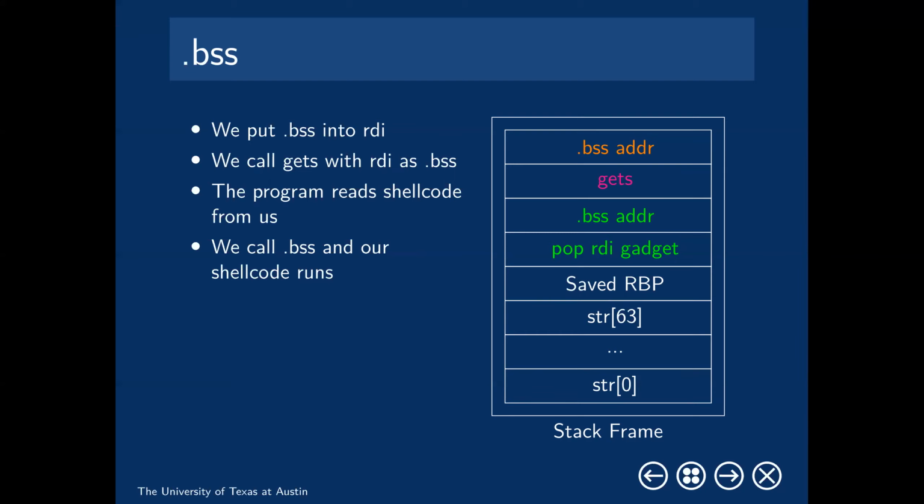In this case, the user is us. So it's going to read an arbitrary amount of data into .bss, and then we have .bss as the next address in our ROP chain, so we're going to jump there. Essentially, it reads a bunch of data from us into .bss and then jumps there. It's the definition of shellcoding, just at a fixed address with one ROP gadget.